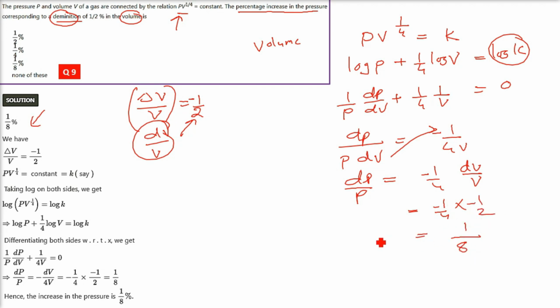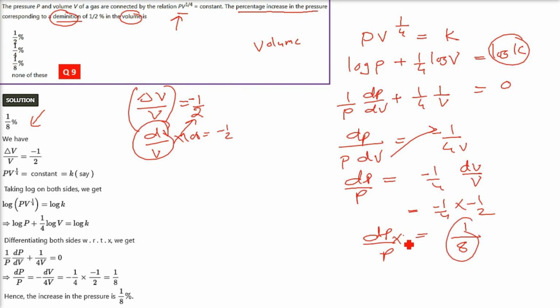Negative becomes positive. dP by P is 1 by 8. So this percentage, if you want to find out, this is into 100 only, because both ways delta V by V is equal to negative half. I just gave it as negative half. Otherwise I would have shown you delta V by V into 100 is negative half.